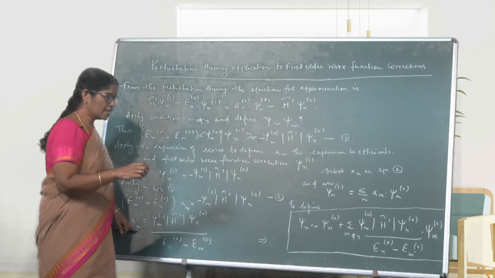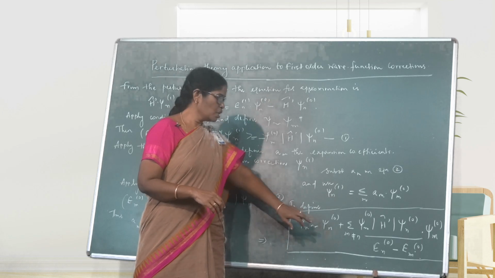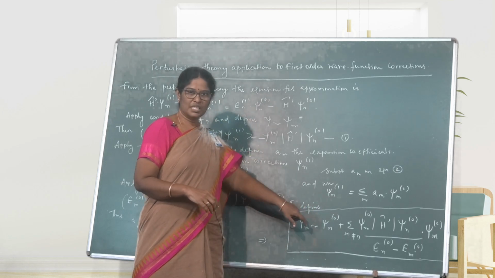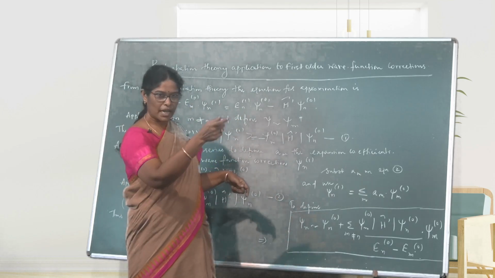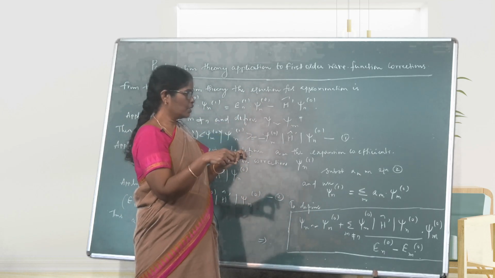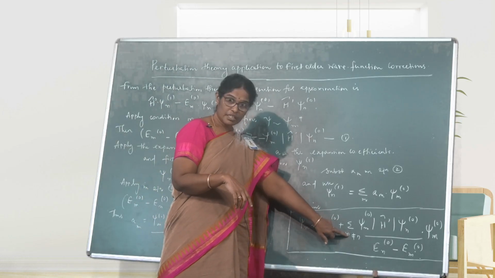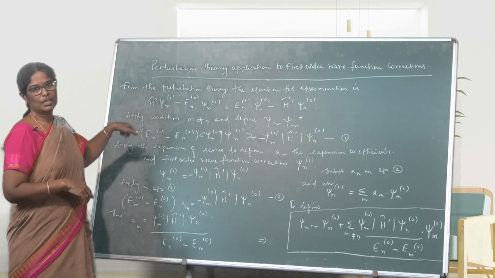So psi of n becomes equal to psi of n of 0 plus the summation, under the condition we first deduced, that m is not equal to n.